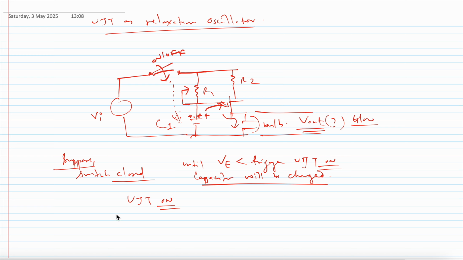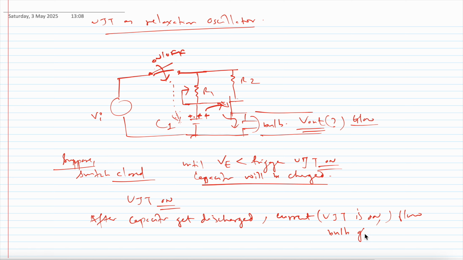Then the capacitor gets discharged, the UJT is on, current flows, bulb glows for some time, as long as the capacitor voltage is greater than that required to trigger the UJT.